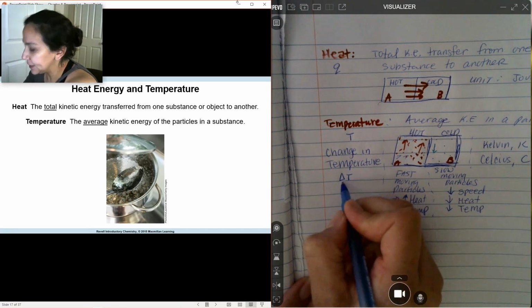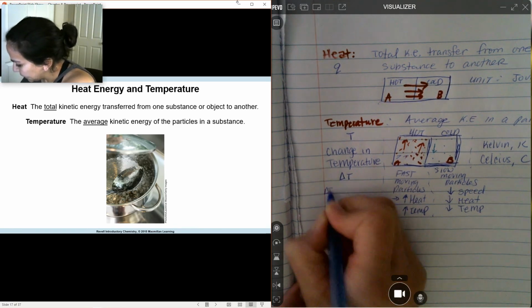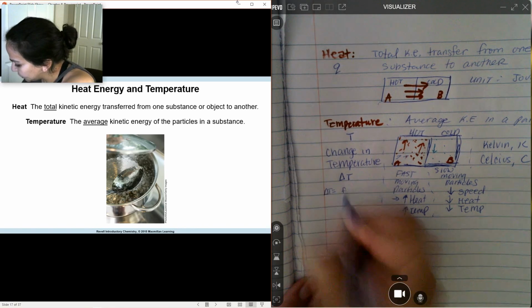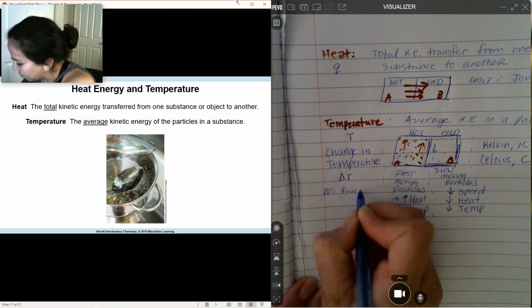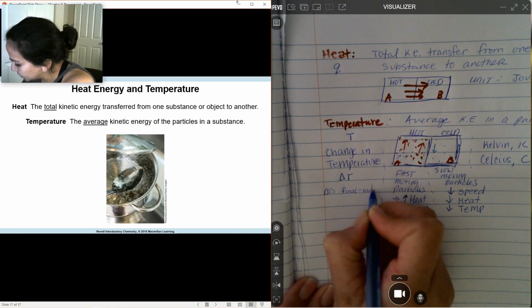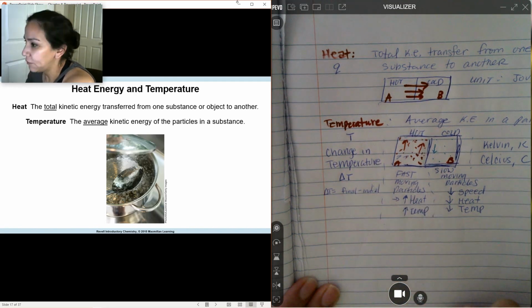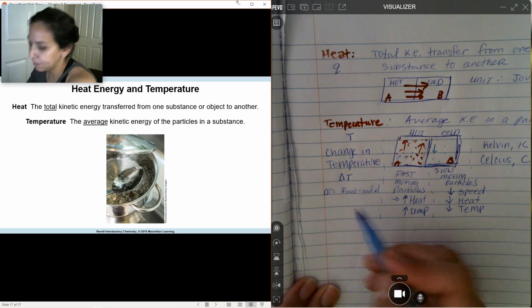Right? And delta T is going to equal the final temperature minus your initial temperature. Okay, so final minus initial on temperatures, and that's going to be your delta T.